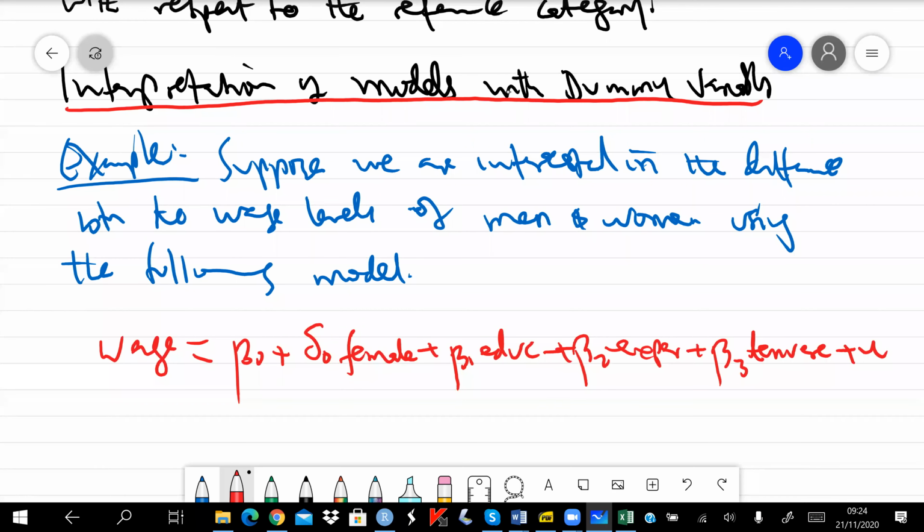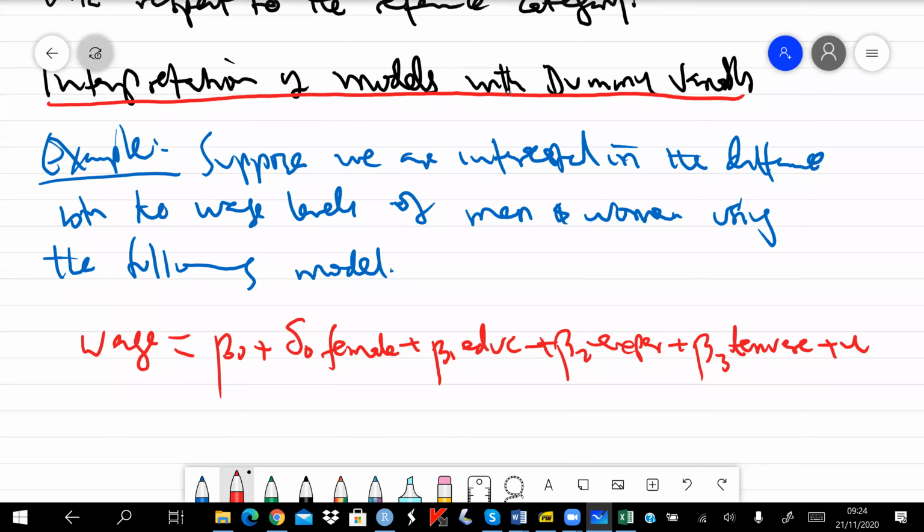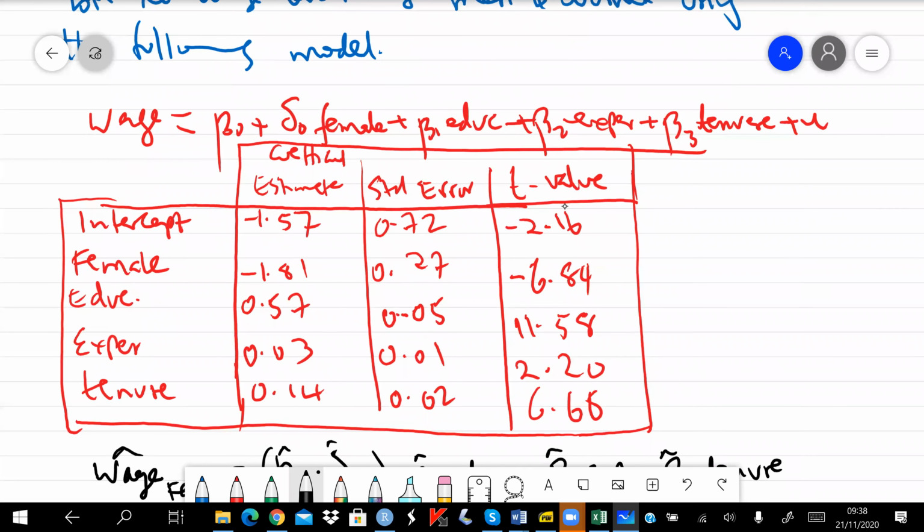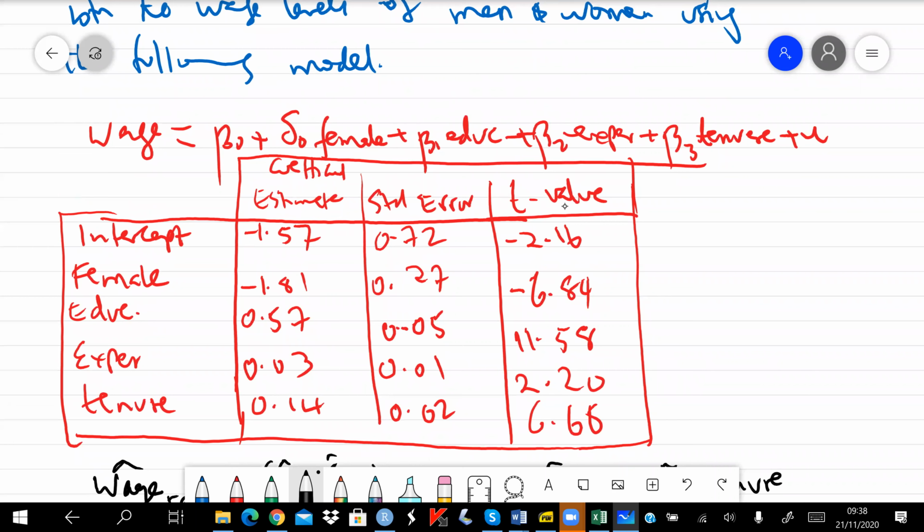So that's the model you want to use, and then you are given the following output. This is the output when you analyze the data using your software of choice. So you'll have the coefficients here: the intercept, the coefficient for the female gender, the coefficient for education, experience, and tenure. Then we have the standard errors and the t-values.